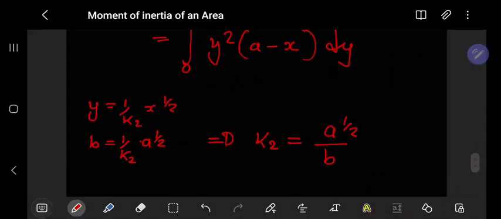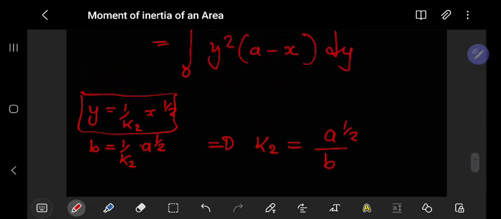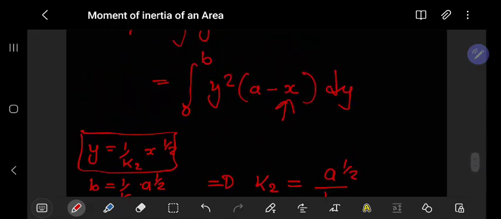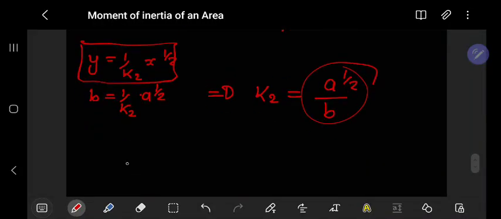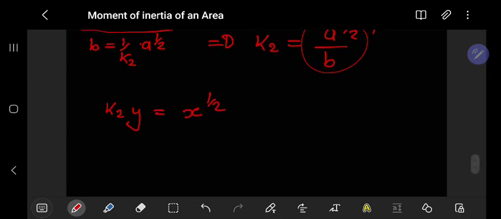So we get two things here. In the expression that we have, in the equation that we're given there, we can make x the subject of the formula because x is what we want to substitute here. But we now know what k2 is. So we make x the subject of the formula there. We have k2 y is equal to x to the power half.